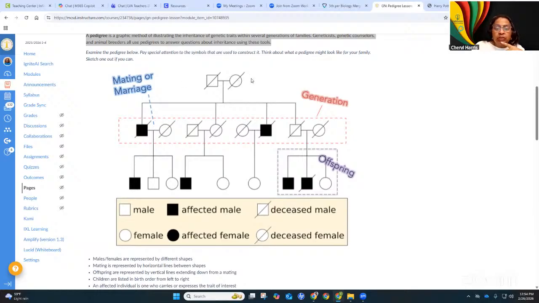So the parents are usually what we call the first generation or F1. I mean, the parent generation. Then we have the first generation offspring. Then this one shows the second generation of offspring. Okay, now notice this line. So this line from the original parents only goes to 4 of these individuals in the next generation. That means that's their children. They had 4 children. So if you follow this line, they had one male who's affected.